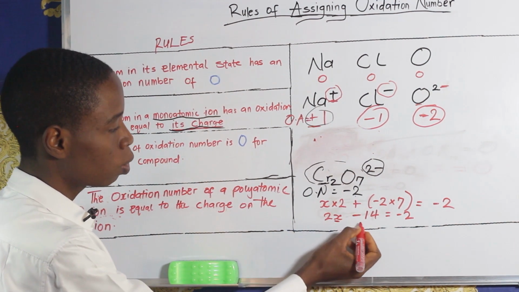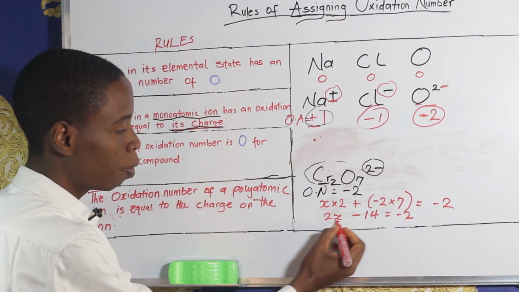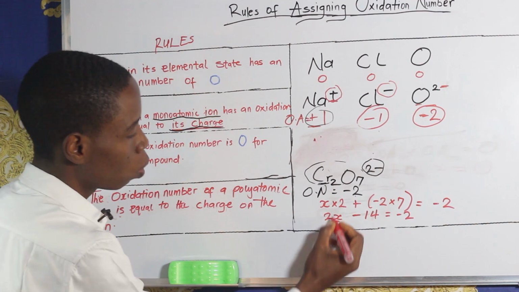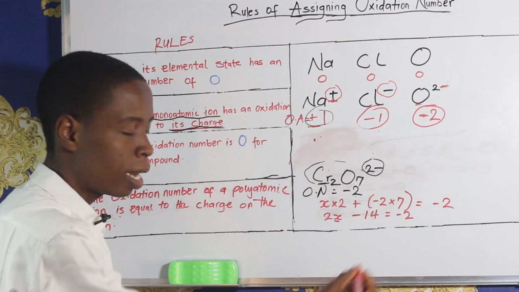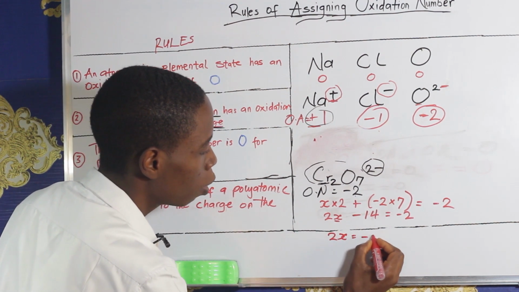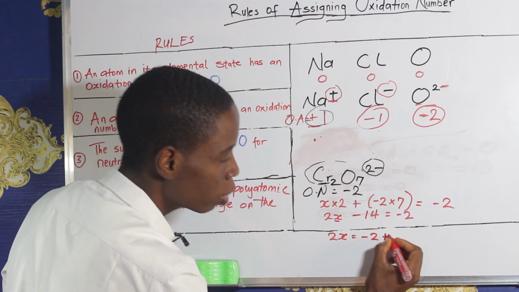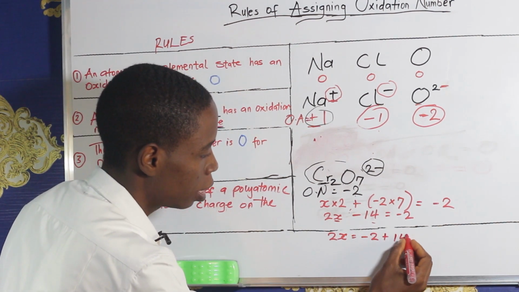We are looking for our X, so we move minus 14 to the other side, and it changes to a positive sign. That means 2X will be equal to minus 2 plus 14.